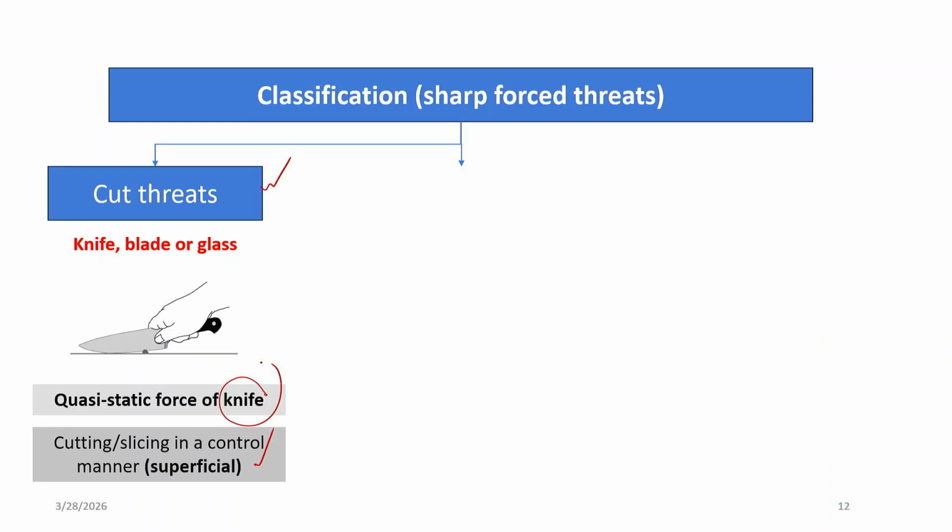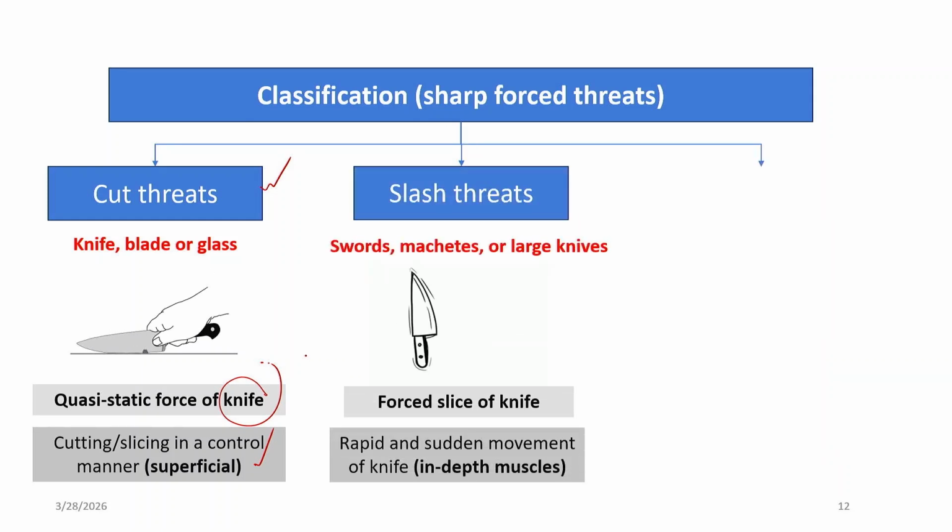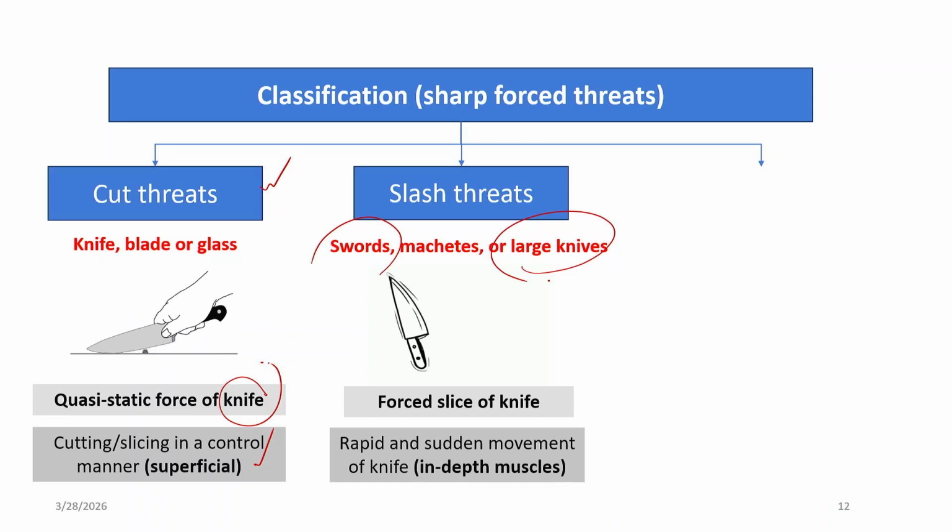The second type of threat is the threat from slash. We will discuss slash threats subsequently in this module. This type of threat comes from sword, machete, large knives. In cut it was quasi static force, but here it is the forced slice of a knife.